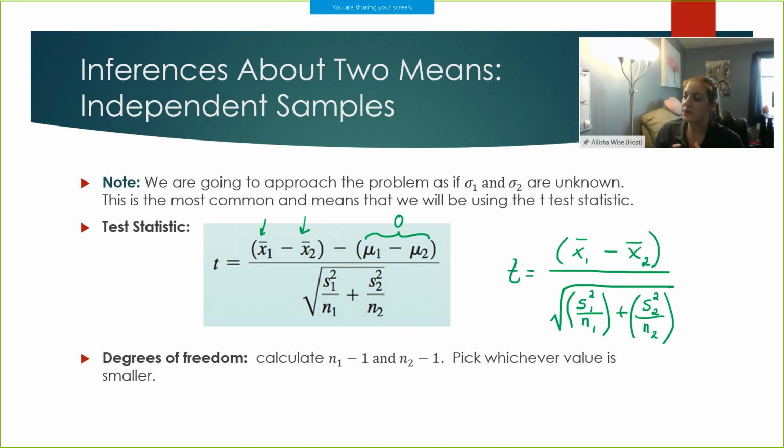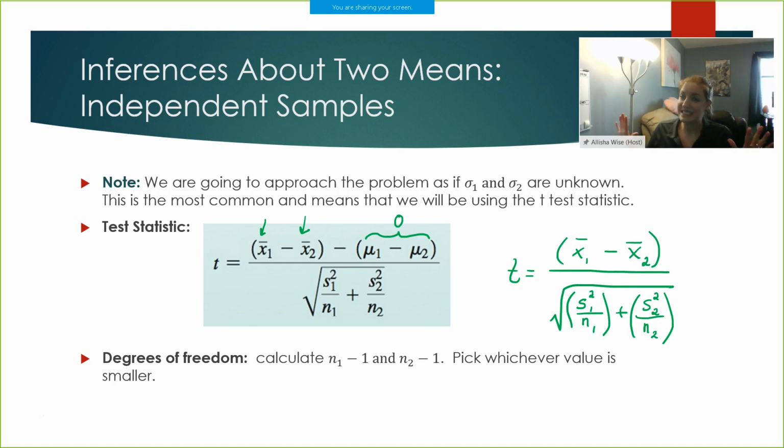Now, degrees of freedom is going to be a little bit different. For the last 2 weeks, when we talked about degrees of freedom, we took the sample size and subtracted 1, correct? Well, now that there are 2 groups which might have different sample sizes, like the 183 students and 36 students, we need to do something a little bit different because they don't have the same sample size.